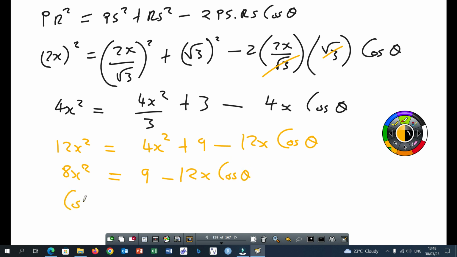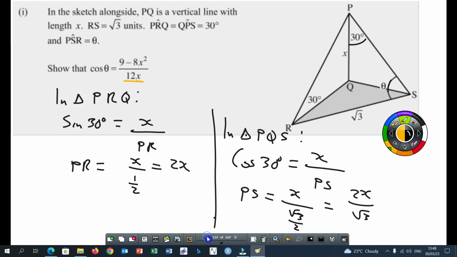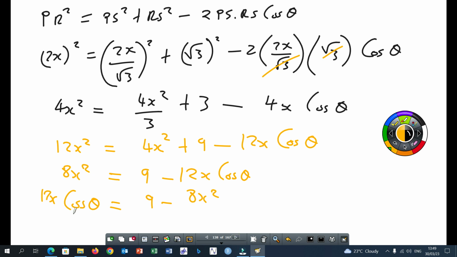So I want cos theta, so let me put 12x here, then I'll get 9 minus 8x squared, and then I'll divide both sides by 12x. Let me just check if I'm on track. Yes. So this is equal to 9 minus 8x squared all over 12x.